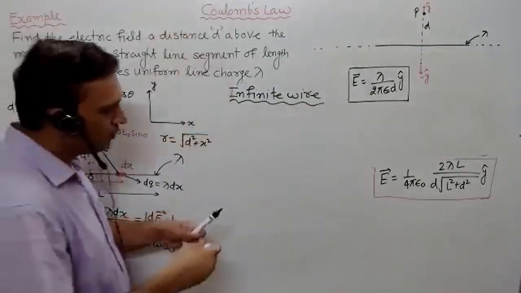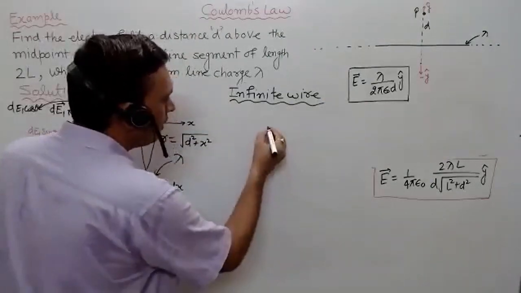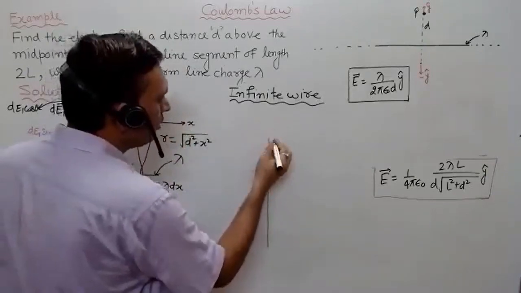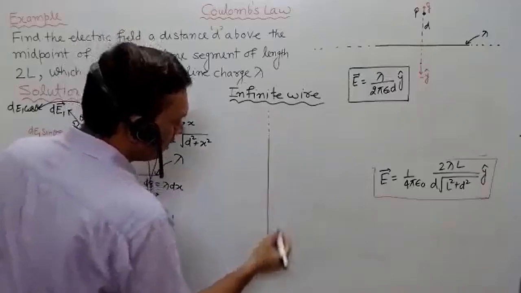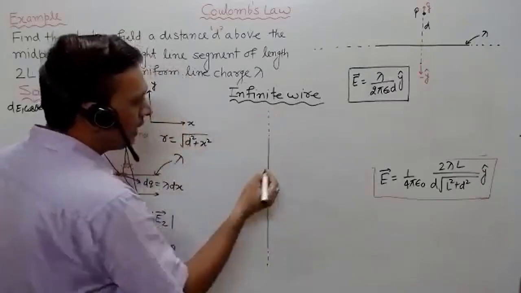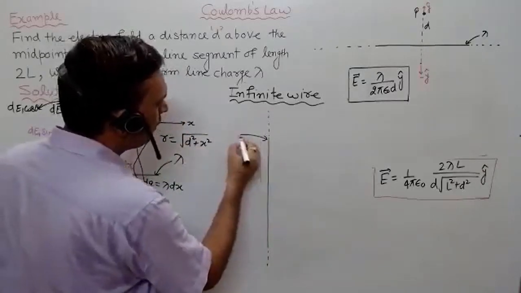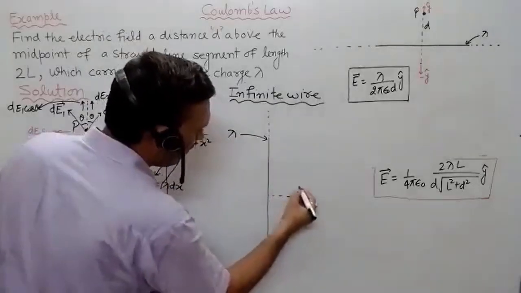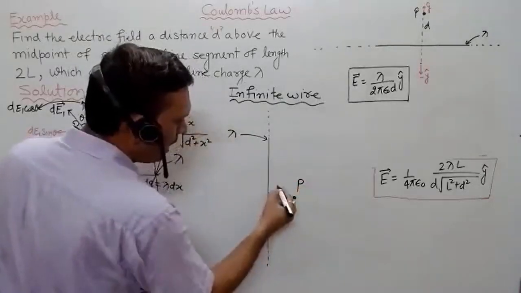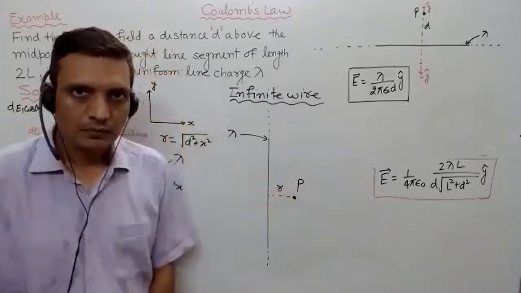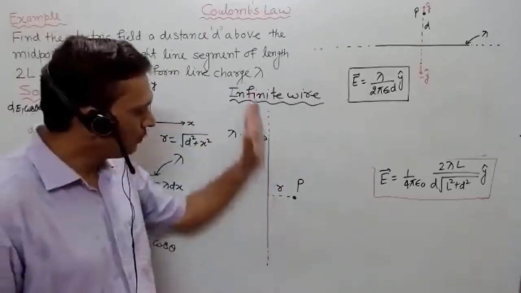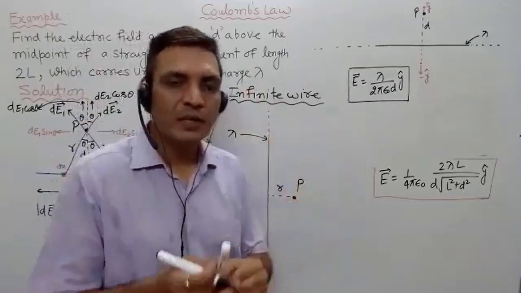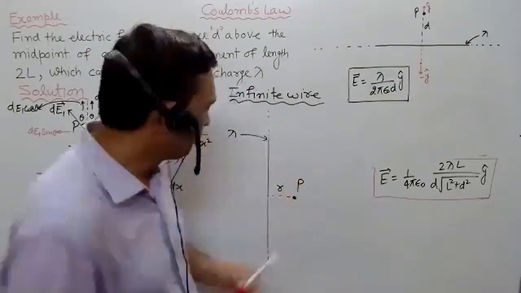So let us see, this is the wire. You can say it's an infinite wire, placed along the z direction, and its charge per unit length is lambda. At any point P, r distance away, what will be the electric field? Now the wire is along the z direction, so in cylindrical symmetry the cylinder is along the z direction.